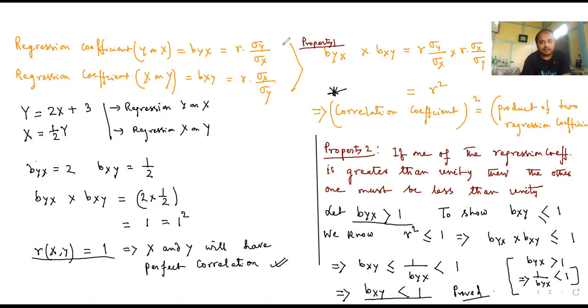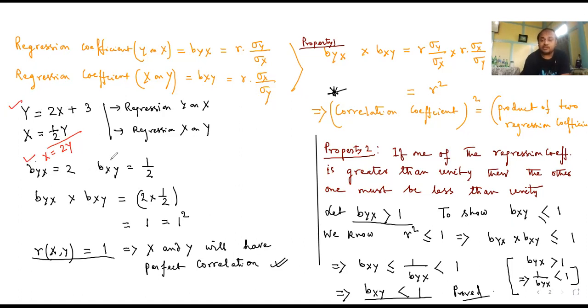Now you see that probably you have not missed it. When teachers do something wrong, students actually don't miss it. They like to find out the errors from the teacher's end. So if you have not missed it, probably you have seen that initially I gave you the regression equations to be x equal to 2y. I told you that this is one regression equation and that is another regression equation.